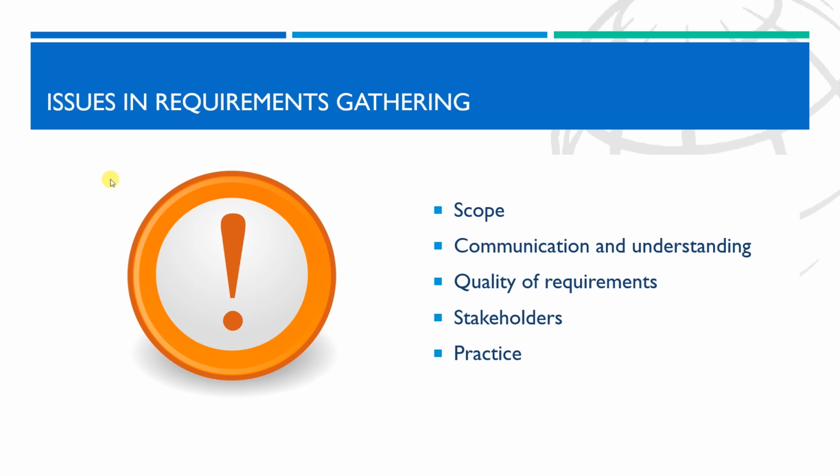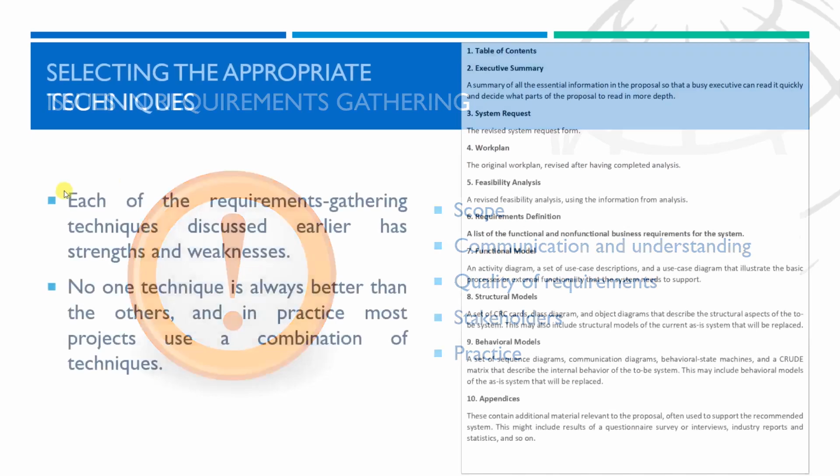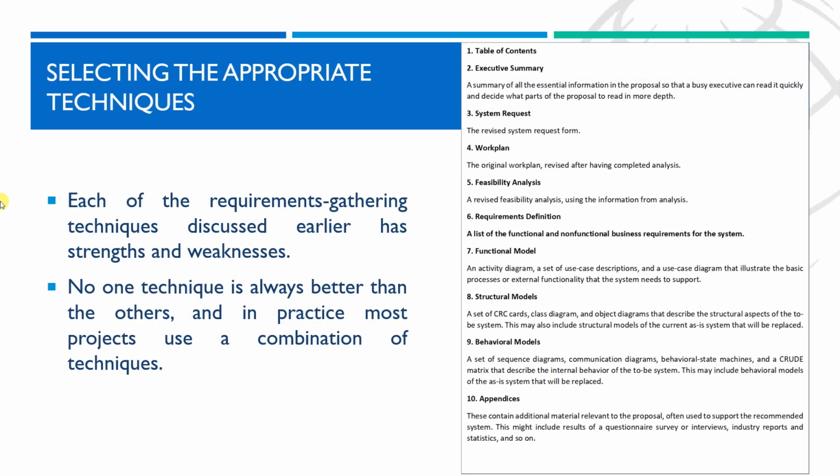And we are at the part of selecting the appropriate technique. Each of the requirements gathering techniques discussed in this video has strengths and weaknesses. No one technique is always better than another, and in practice most projects use a combination of techniques.